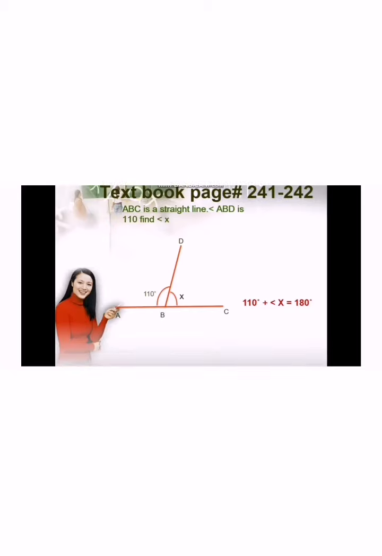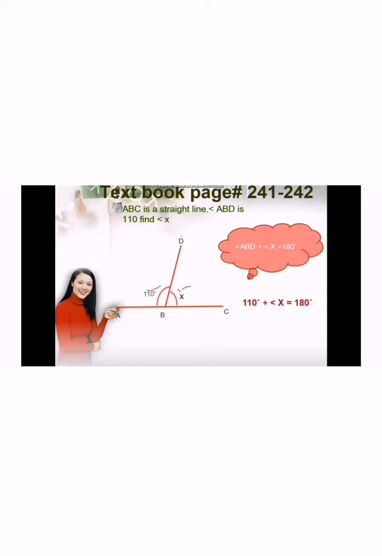Now we have a question from our textbook. ABC is a straight line. Angle ABD is 110 degrees. Find angle X. ABD is 110 and DBC is angle X. We know that angles on a straight line add up to 180 degrees.